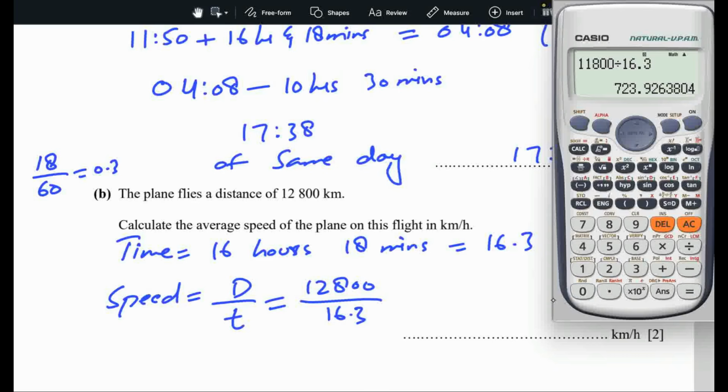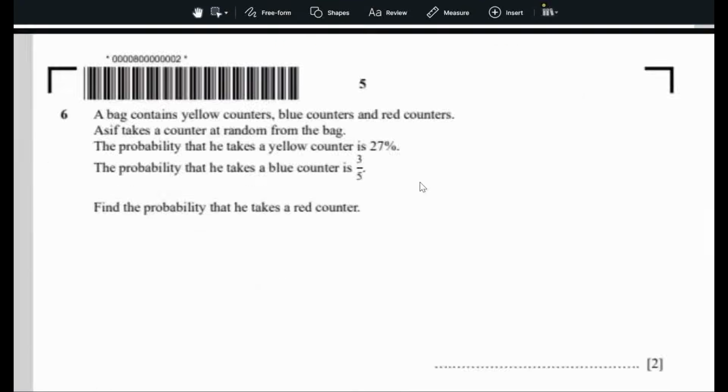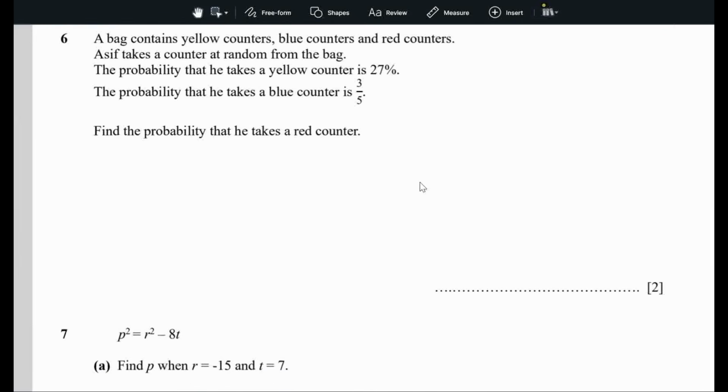Now be very careful about calculator mistakes. 12800 divided by 16.3 will be equal to 785.27. Correct to three significant figures, this will be equal to 785 kilometers per hour. Let's move to question number 6.